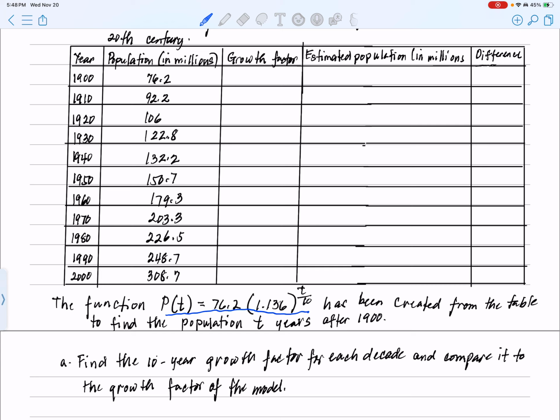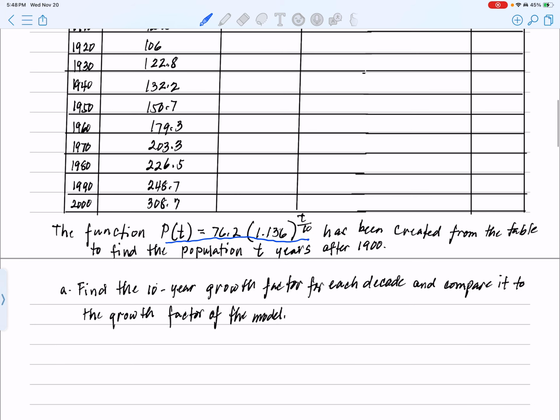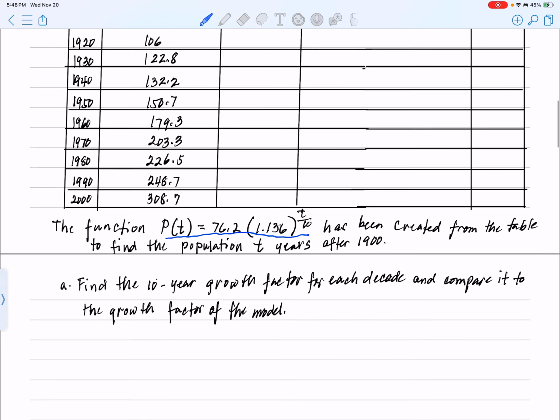The first question is: find the 10-year growth factor for each decade and compare it to the growth factor of the model. Remember that the growth factor can be found by dividing each decade's population by the previous population.